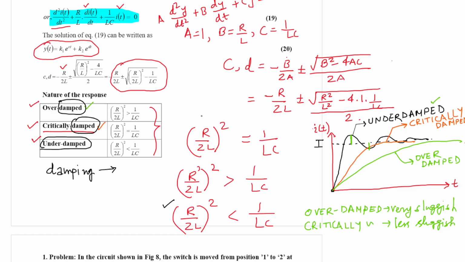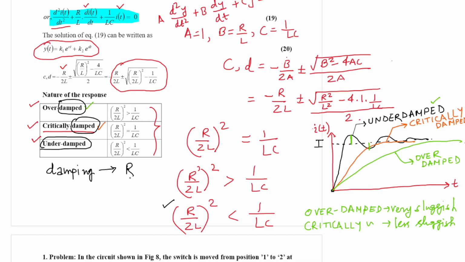Now, who creates the damping? This network has 3 elements, R, L, C. Out of these 3, who creates damping? The answer is the resistance will create damping. Without resistance, no system has damping in it.